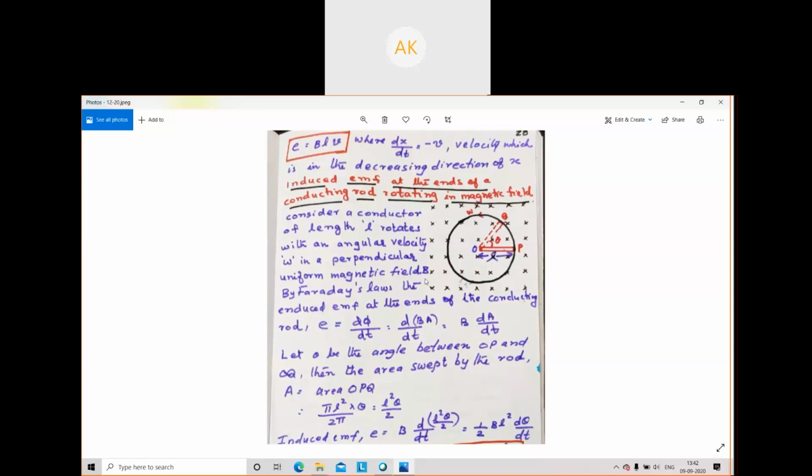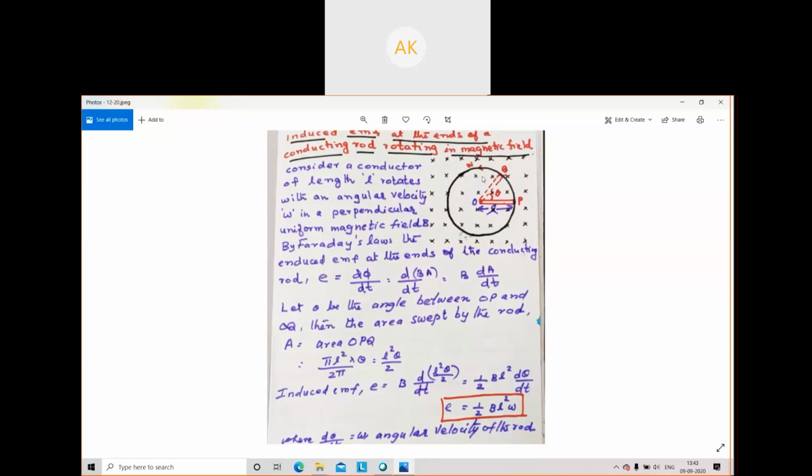Then what is the area enclosed by OPQ? That we have to find out. The total area of the circle is pi r square, and for that the total angle traced by the radius vector will be 2 pi radian.